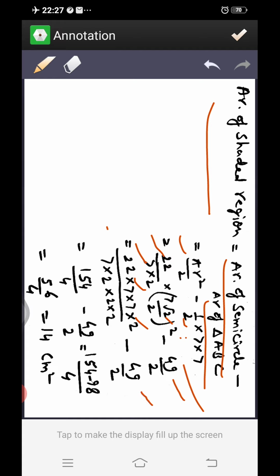On solving we get 154 upon 4 minus 49 upon 2, taking LCM 4 and subtracting, we get 56 upon 4, that is 14 centimeter square.